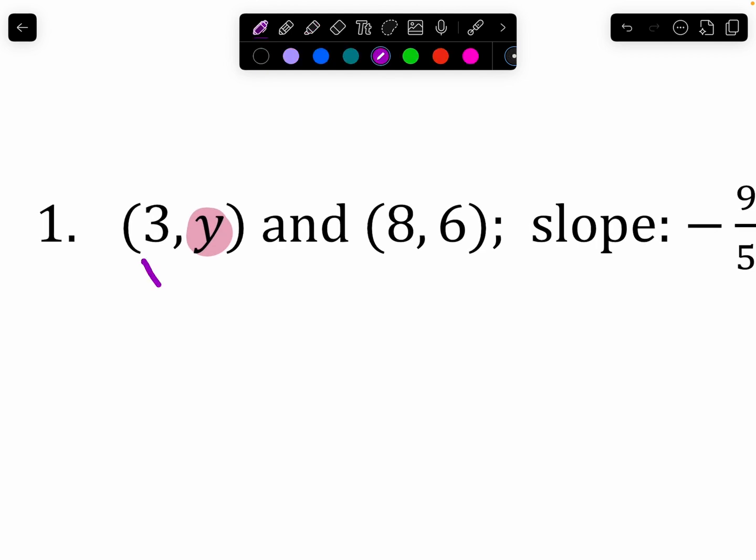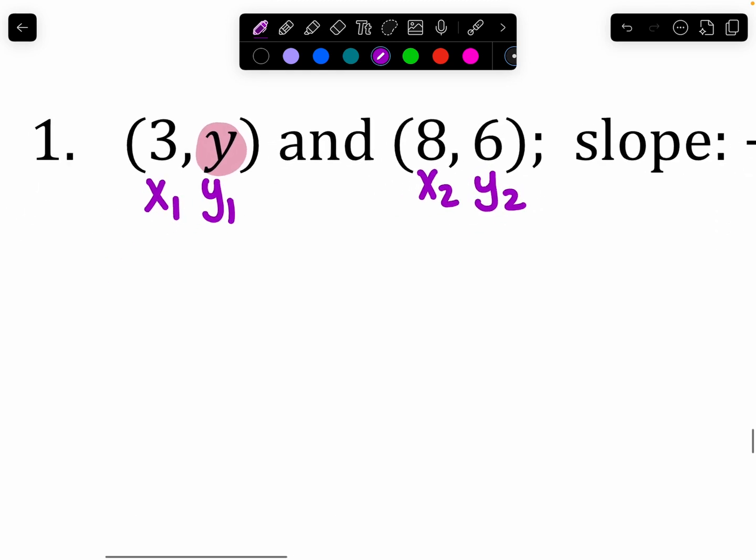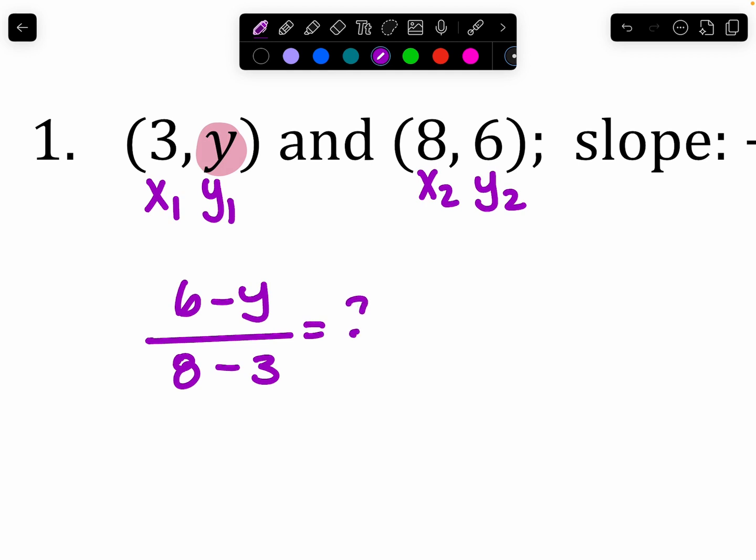I am going to start by taking the 2 coordinates that I already am given and labeling them x1, y1, and x2, y2. The slope, again, I'm already given. So I'm taking those 2 coordinates and plugging them into my slope formula, y2 minus y1 over x2 minus x1.